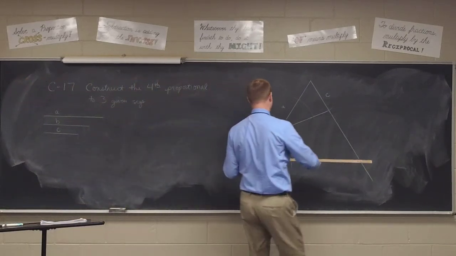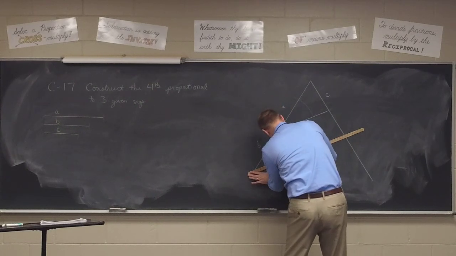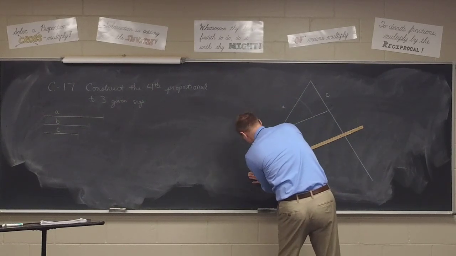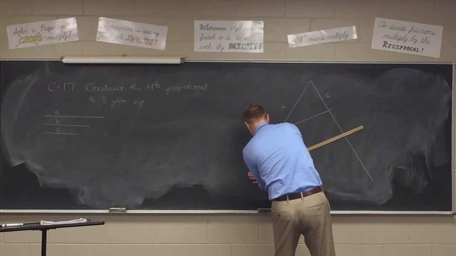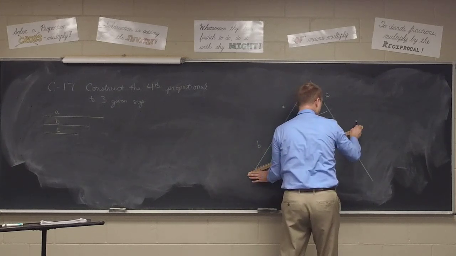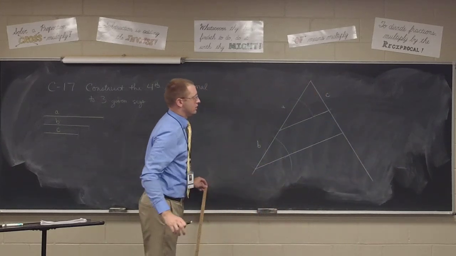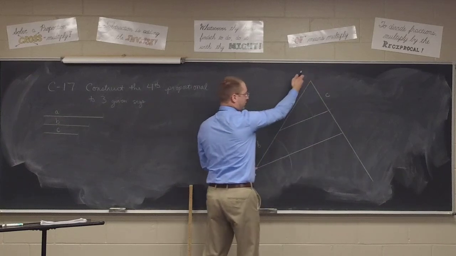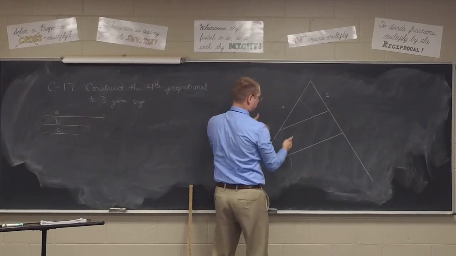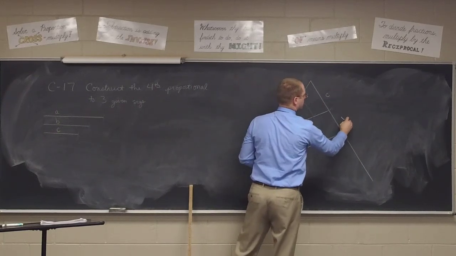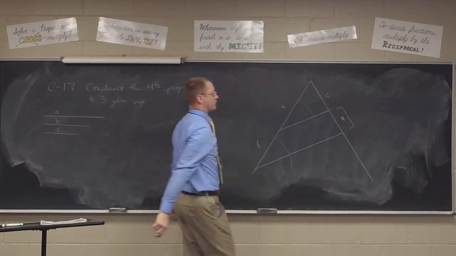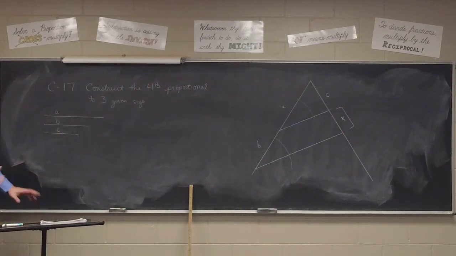And then when we connect the dots, we should have our triangle. Top is to bottom, as top is to bottom, there's our fourth proportional. If we cared, we would take time to measure the segments, but for sake of time, we won't.